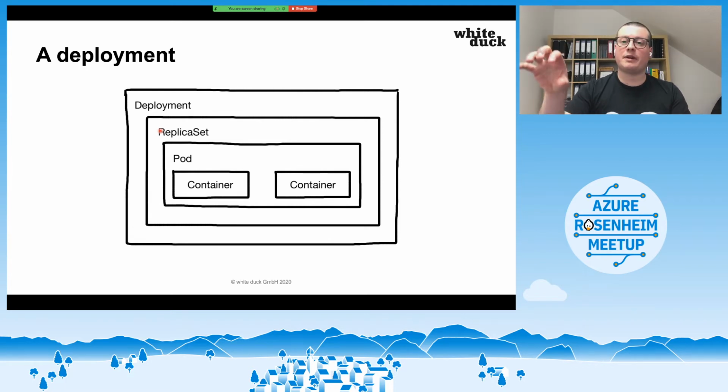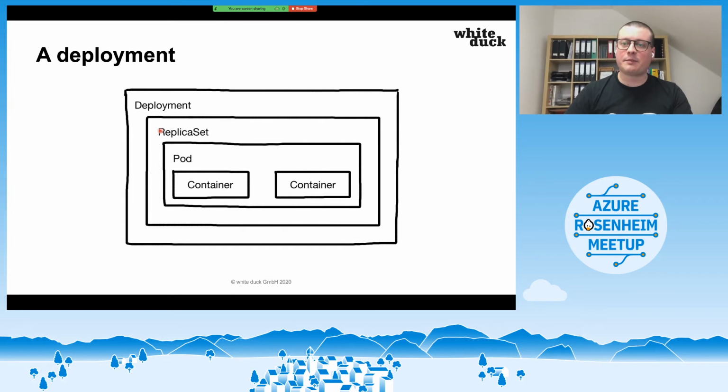And in this new replica set, a new pod with the new image gets started. And then, based on your definition, the new pods get scaled out and the old pods in the old replica set get scaled down. With this, you have a seamless update, and you can define how this should all work.